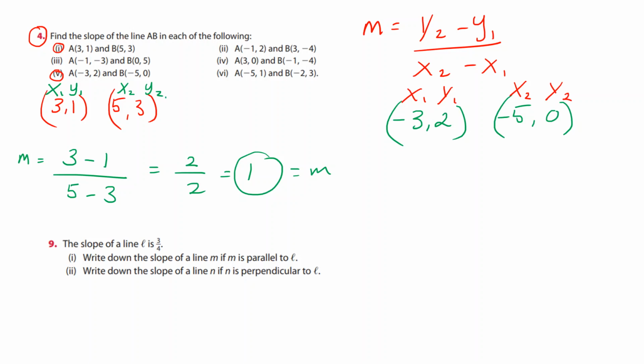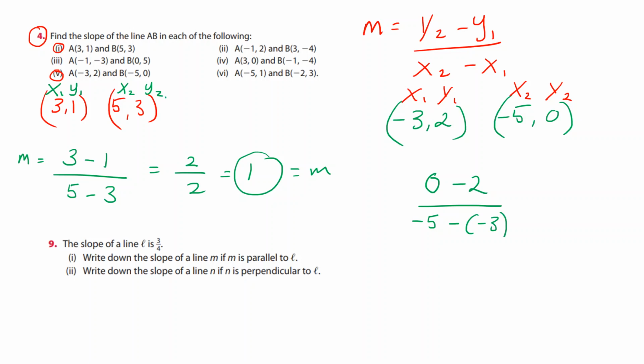So y2 is 0, and y1 is 2, so it's 0 minus 2. And then on the bottom we have x2, which is minus 5, minus x1, which is minus 3.